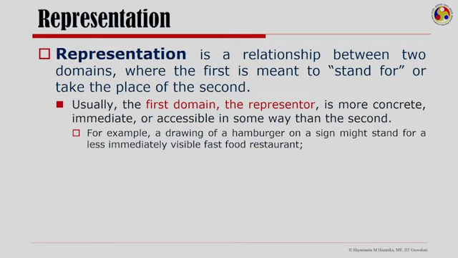It's like you are driving on a highway and you see a hamburger on a signpost. Now immediately you would know that some fast food restaurant is nearby. So here the hamburger is representing the fast food restaurant.